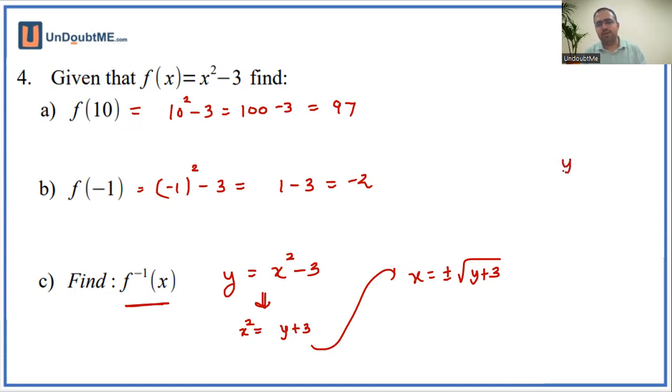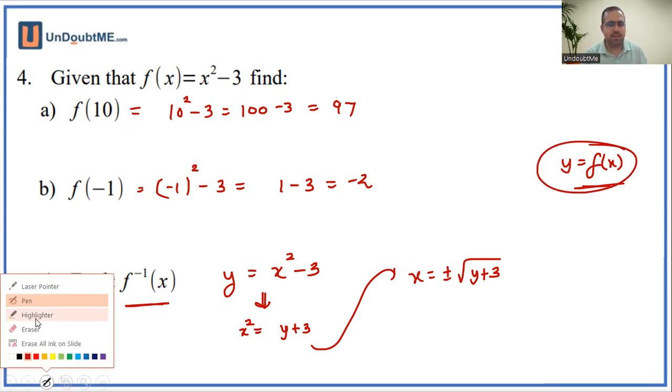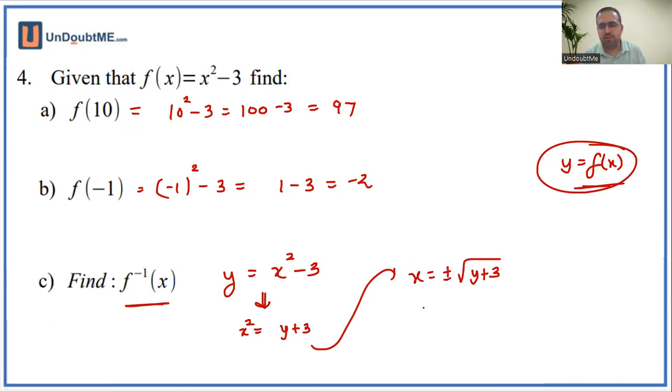Now since the function is always written in the form y is equal to f(x), we need to follow this protocol. So we will just replace x and y. So this is the procedure to find the inverse, and now I will write it down as f inverse of x is equal to plus minus square root of x plus 3.